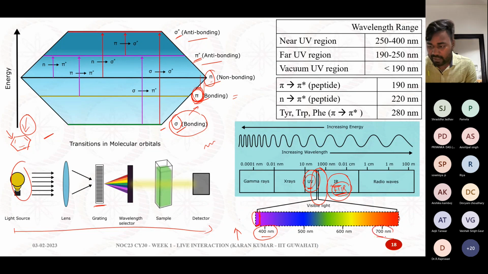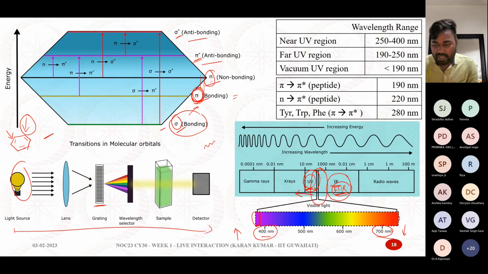Higher the wavelength, the energy will be lower. Okay, remember this. So once you are in the UV region, it will have higher energy than visible light. Once you go below the visible light region, the energy will increase.